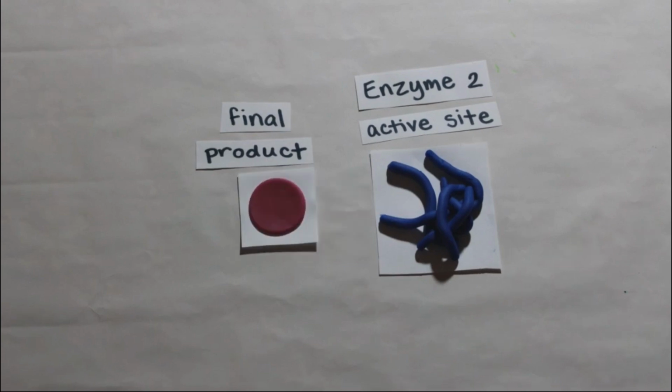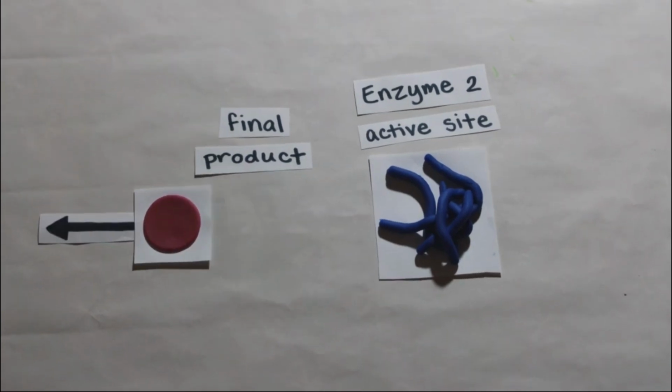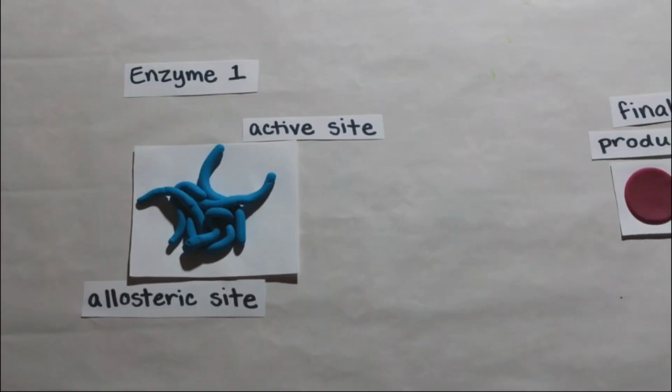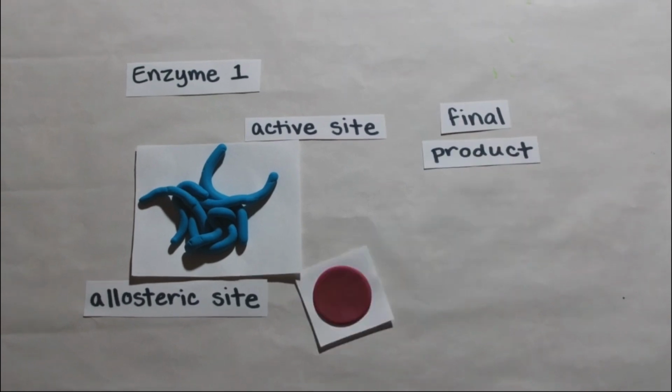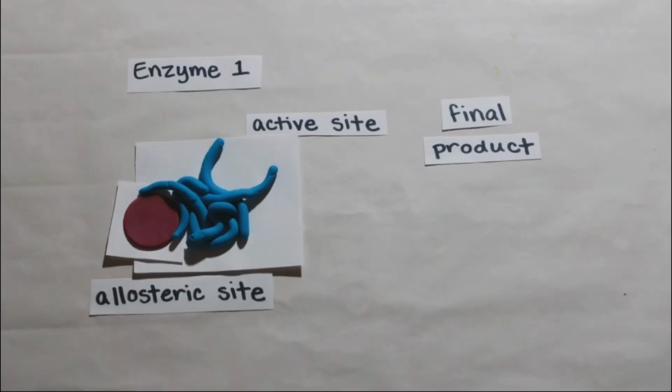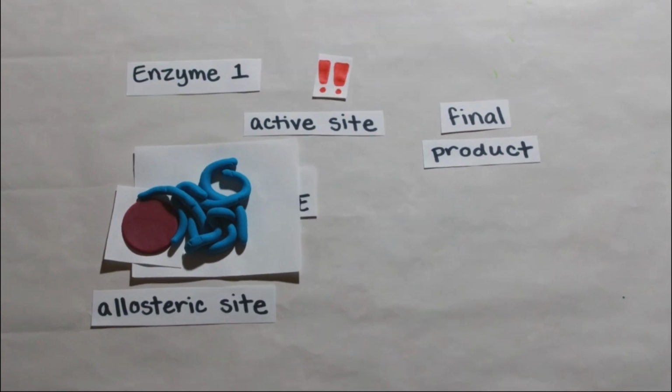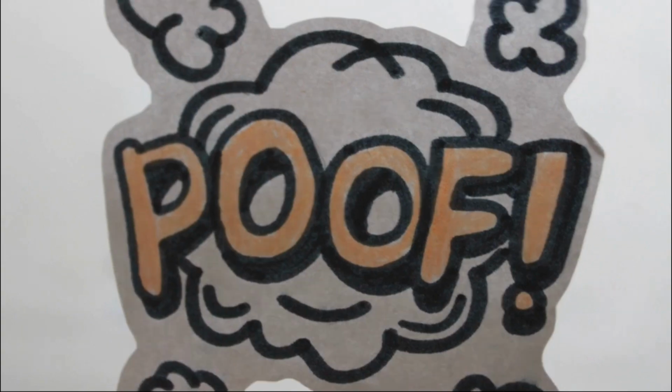And the final product then comes from enzyme 2. This final product binds to the allosteric site on enzyme 1, making the active site inactive. This pathway will only continue once the final product is used up by the cell.